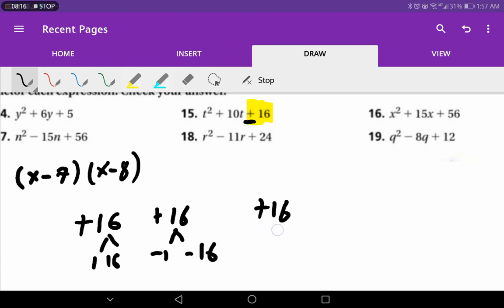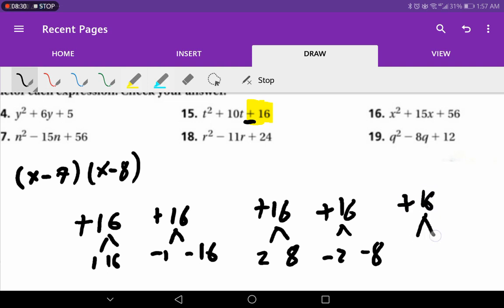And positive 16 comes from 2 multiply 8, or from negative 2 multiply negative 8, or from 4 multiply 4, or from negative 4 multiply negative 4.